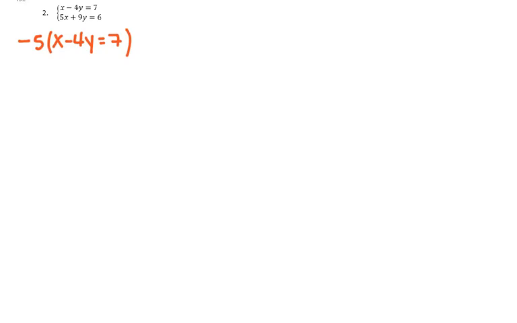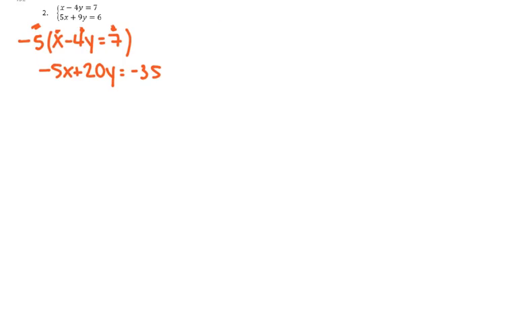So I'm going to use my distributive property and I'm going to multiply negative 5 by everything inside the parentheses. So I've got negative 5x plus 20y equals negative 35. And since I can't see this, I'm going to erase that. And now I'm going to add these two equations together in order to solve for y.